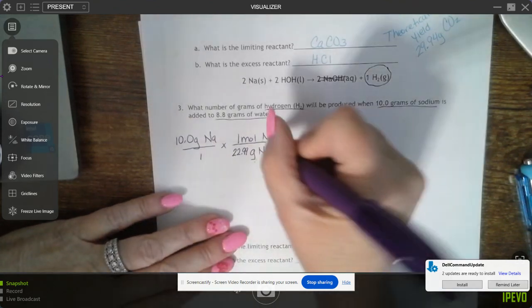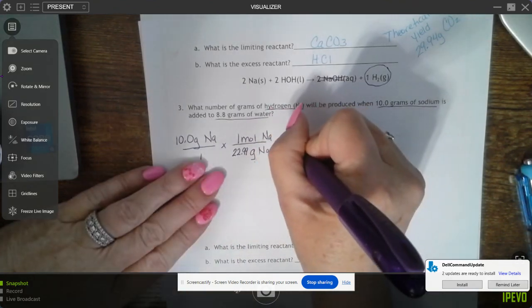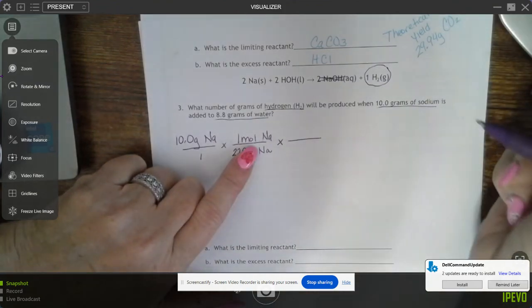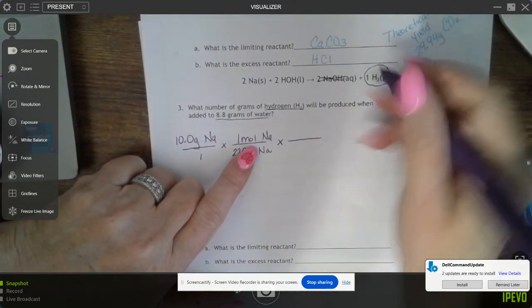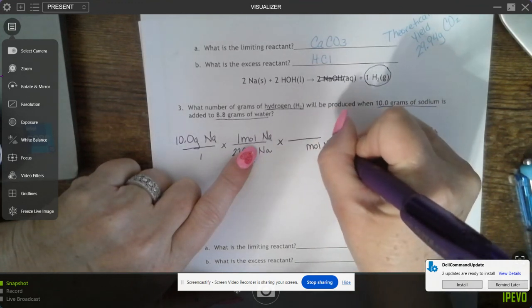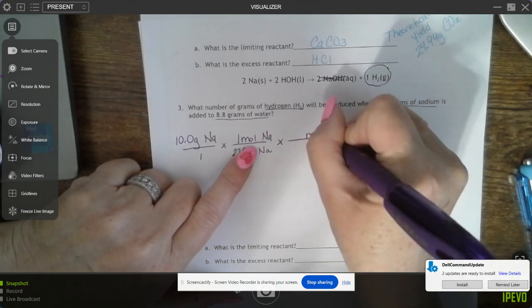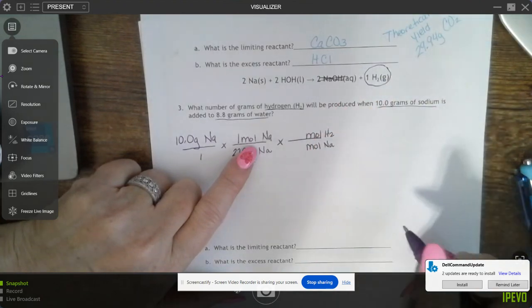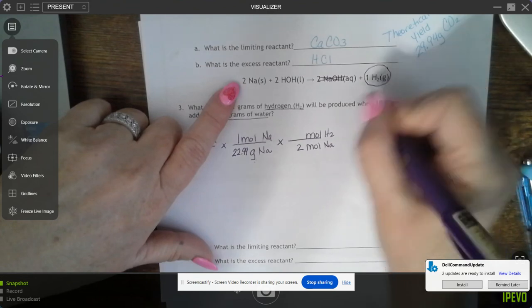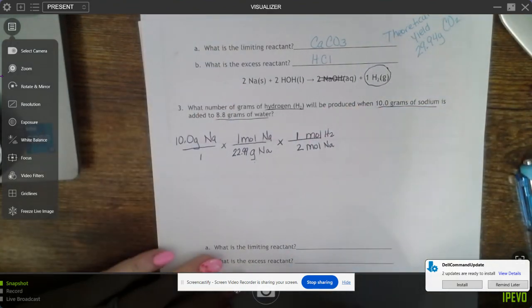Step 2, we have to go from moles of sodium to moles of hydrogen, and that's where we use our mole ratio. So 2 moles of sodium produces 1 mole of hydrogen.